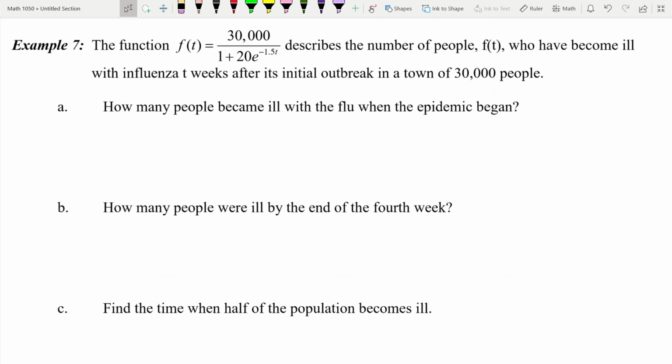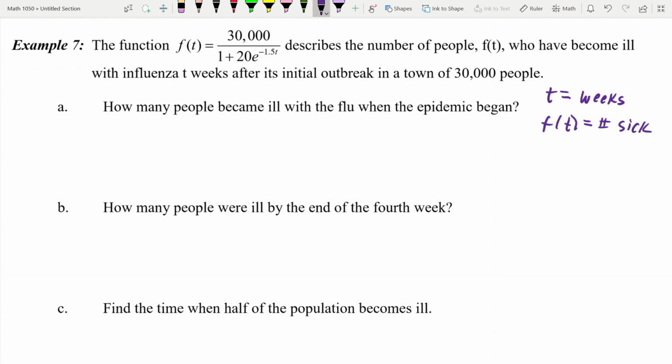The function f of t is equal to this equation, describes the number of people, f of t, who have become sick with the flu after 2 weeks of initial in a town of 30,000 people. Everybody go t equals and f of t equals. So t stands for weeks, it's time, and f of t is the number of people that are sick.